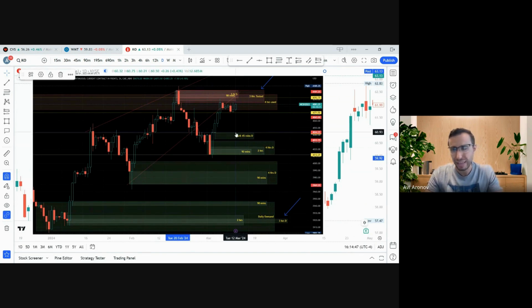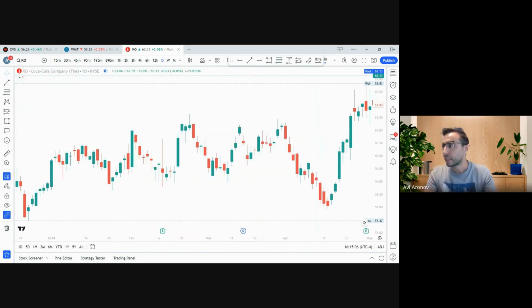I had a ton of zones. Those are demand zones, those are supply zones. And basically I had all those supply zones one on top of each other. I didn't know where to enter, why to enter, and whatnot. So that was one of them. And I have many examples like that, but I will keep you with one here.